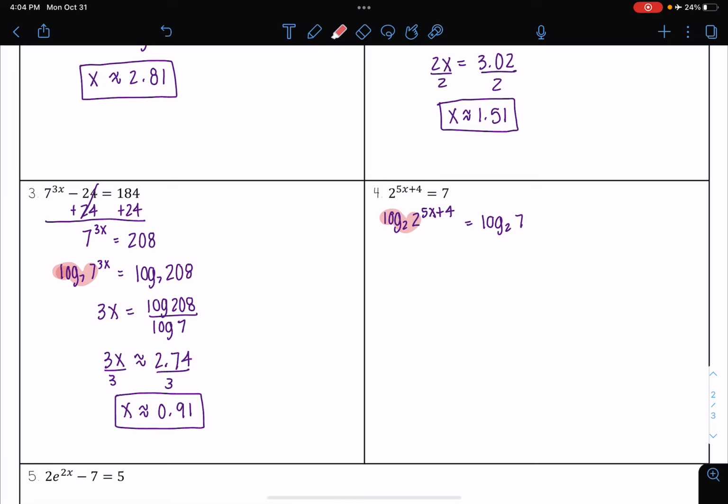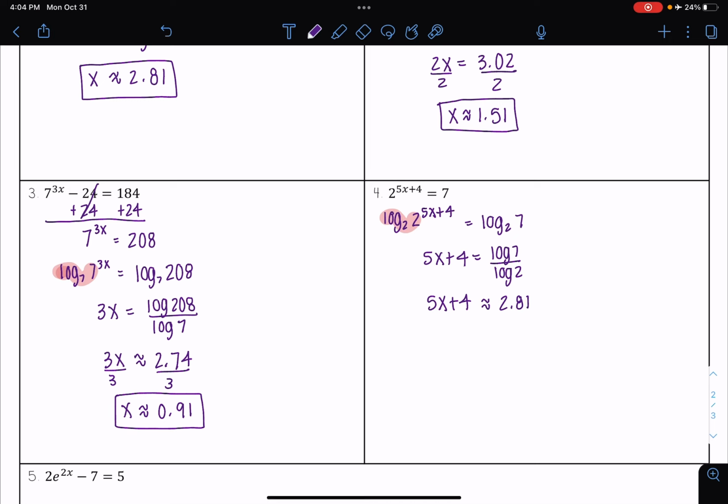My log base 2's cancel, and so I get just that exponent on the left-hand side, which is 5x plus 4, is equal to, using my change of base formula, log of 7 over log of 2. When I use Desmos to figure out that right-hand side, I get approximately 2.81.